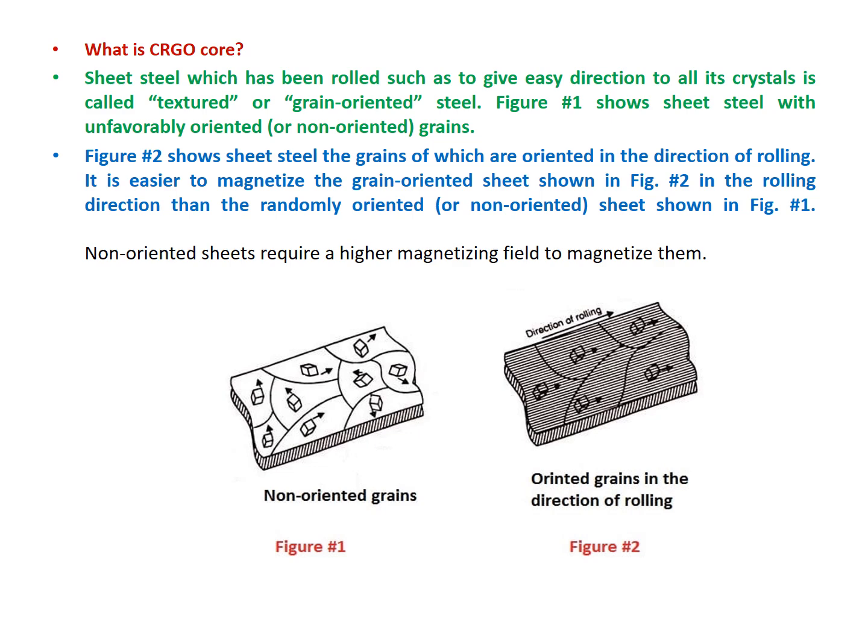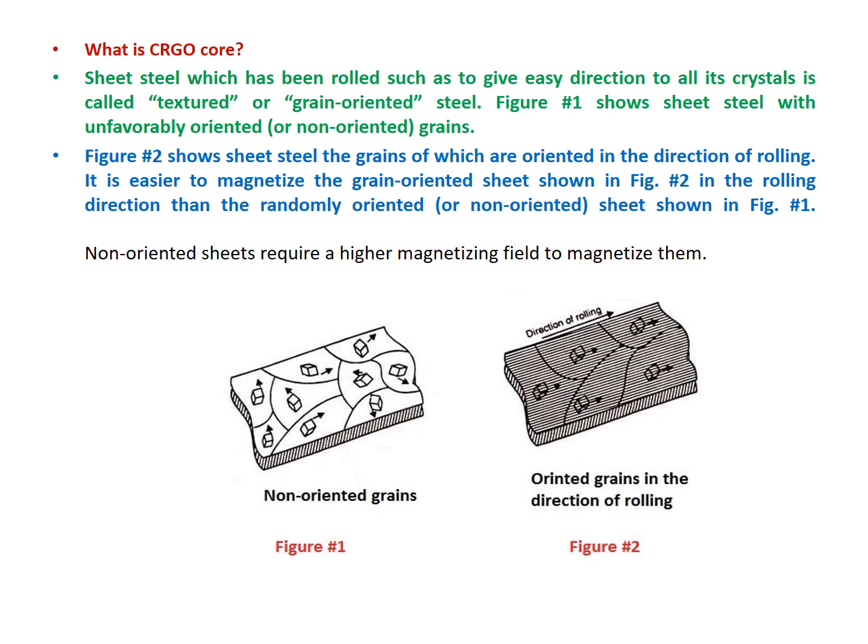Another question is about the types of material, and generally we always speak in terms of CRGO core. So we have to understand what is CRGO core. Silicon steel which has been rolled so as to give an easy direction to all its crystals is called textured or grain oriented steel.